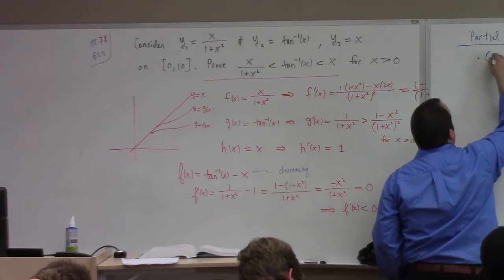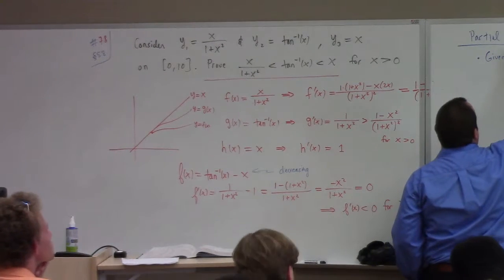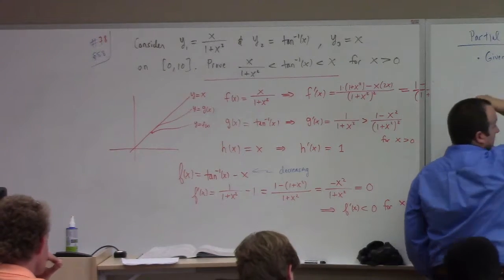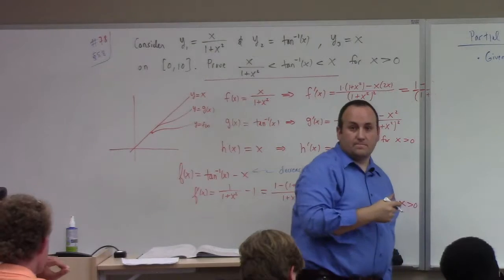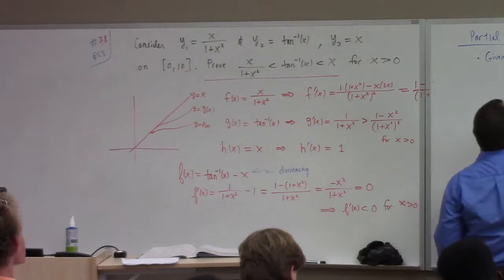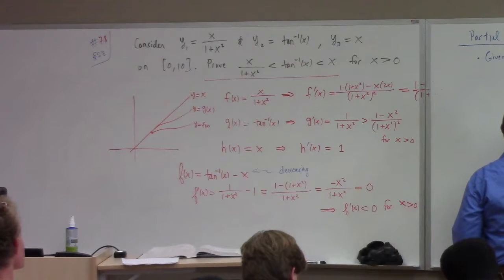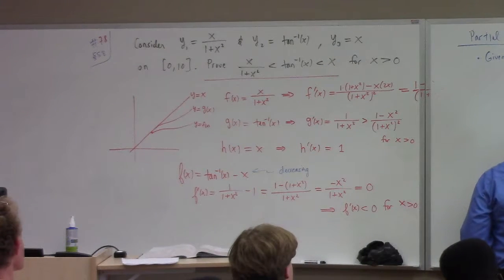Given P of x over Q of x, if you want to integrate this, you can rewrite this as some polynomial, let's say f of x, plus the remainder r of x over Q of x.